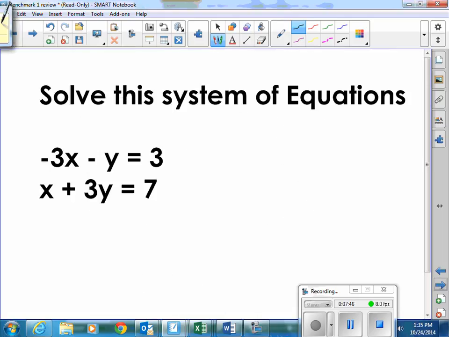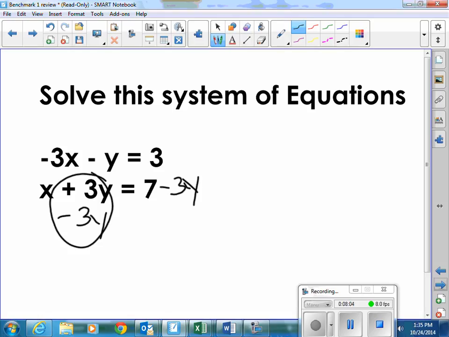Here's another system of equations. There's several ways to solve this. I like this one. So x equals 7 minus 3y.